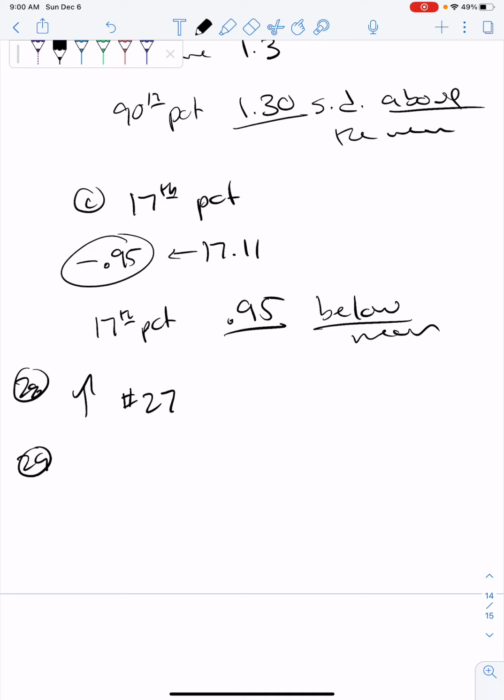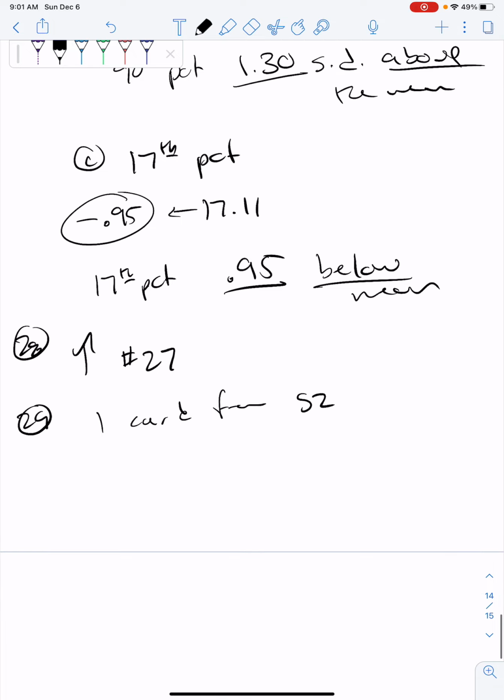An experiment consists of drawing one card from a 52-card deck. So one card from 52. What is the probability of drawing a black? So the probability of getting a black card. Well, remember to do probability, I pick the total number of cards and put it on the bottom.